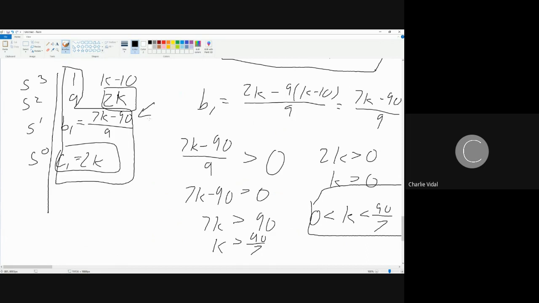So we're not going to look at that. This would give you a value of 0 if you put 90 over 7, obviously, because we found the value 90 over 7 from that. On the other hand, if we put 90 over 7 into here, that'll give us 180 over 7, right? 90 over 7 times 2 is equal to 180 over 7.